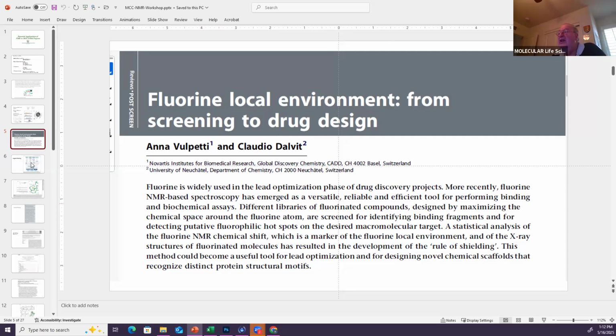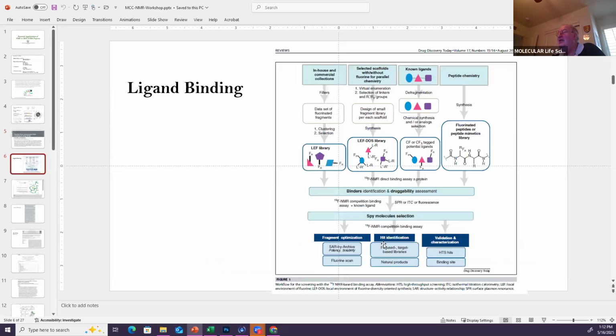I think the next slide is a scheme of one of the papers. And these papers are all freely available. If you have trouble finding them, I can send you a copy of them, or anything that you might be particularly interested in.